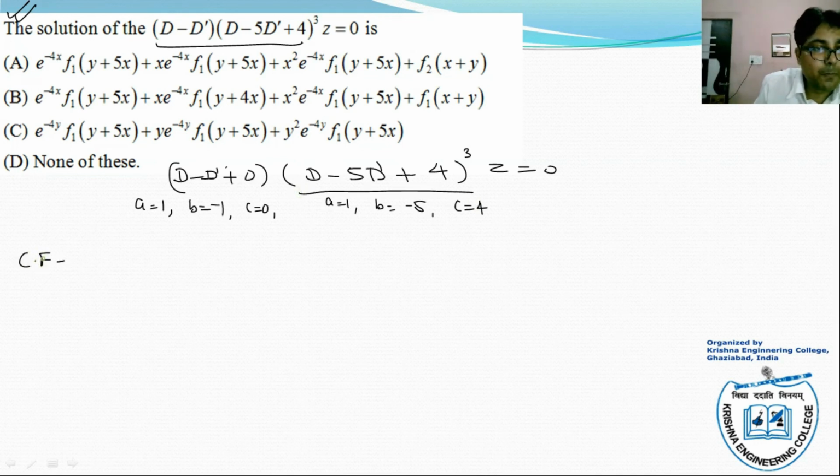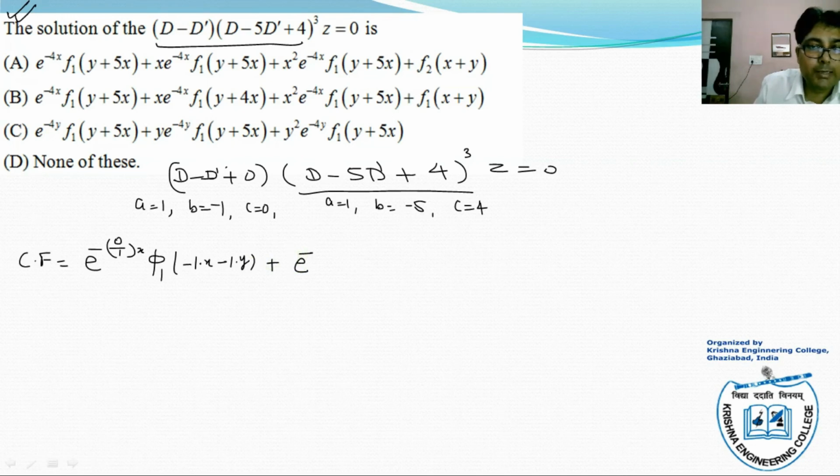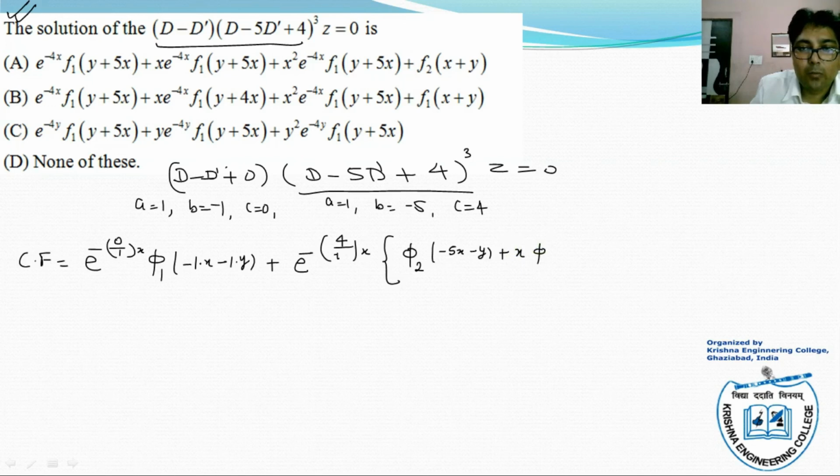So the CF is e^(-(c/a)x), with c equal to 0, 0 by 1 into x, into phi 1(bx - ay), that is phi 1(-x - y), plus e^(-(4/1)x) into phi 2(-5x - y) plus x phi 3(-5x - y) plus x square phi 3(-5x - y). Clear.